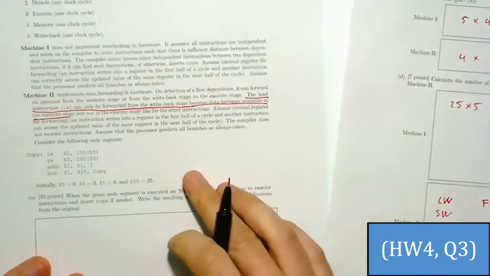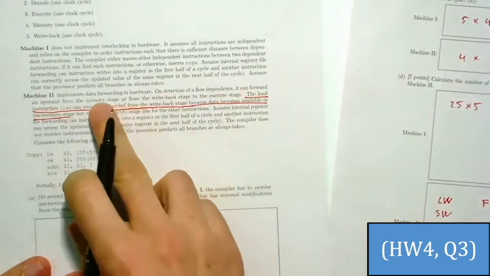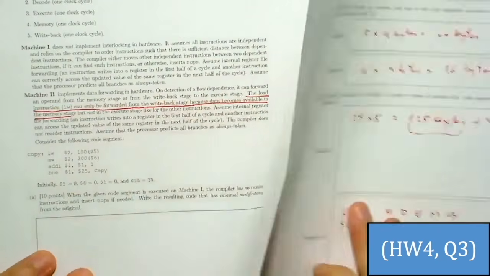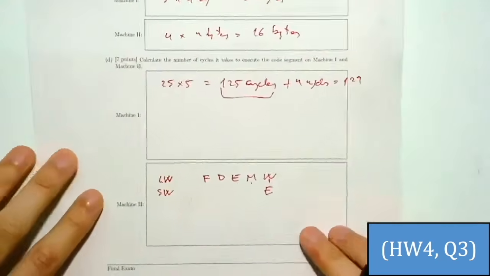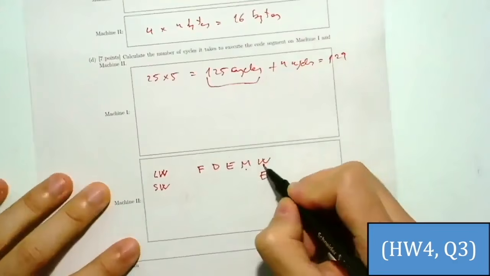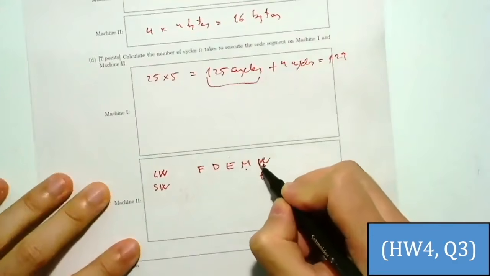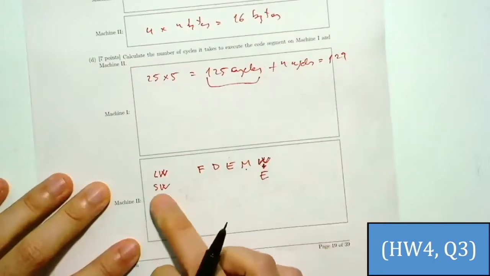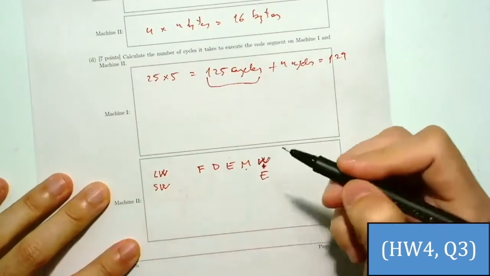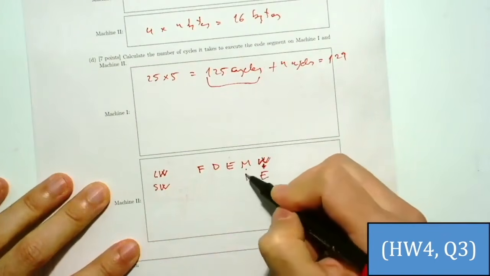So it's specified here, right? The forward from the memory or write back stage to the execute stage. So this data can be forwarded from the write back stage to the execution stage directly, right? So we have this here.